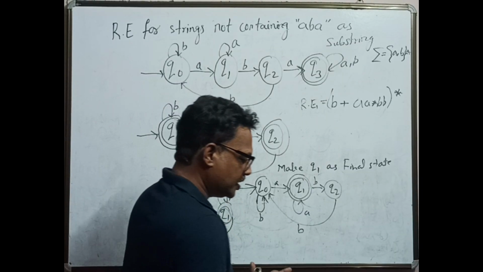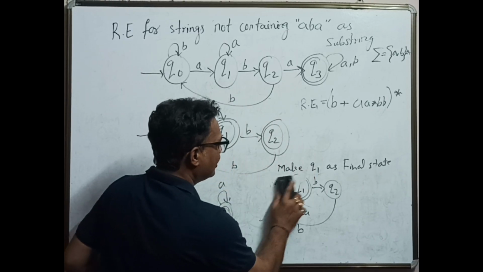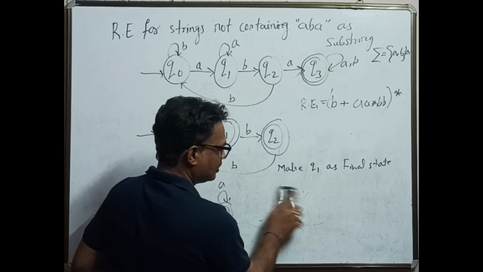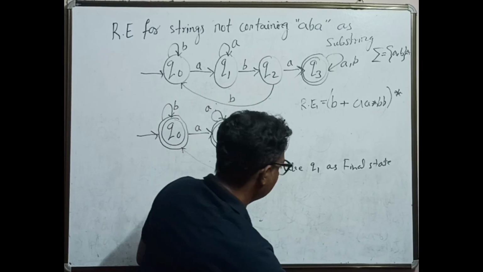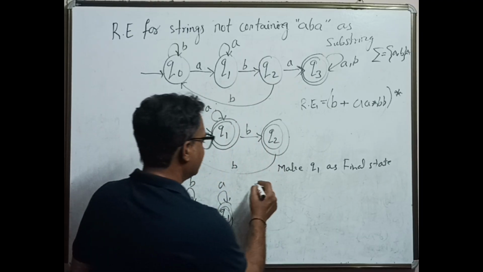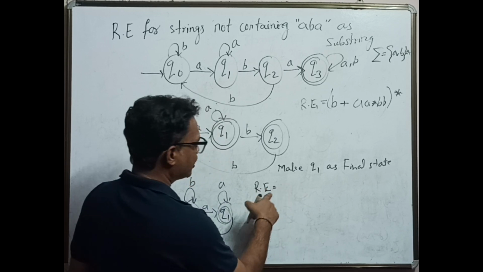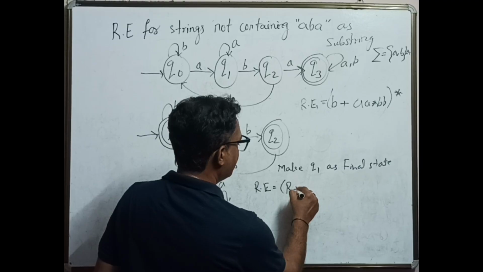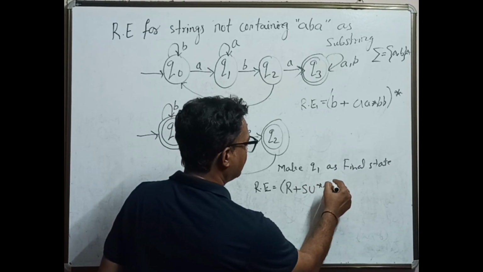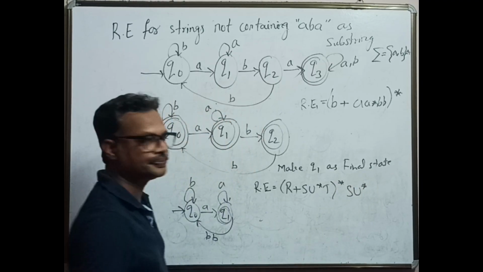Since the initial state and final state are different in this case, whereas in the earlier case both states were the same, we can use a standard formula, that is regular expression is equal to R plus S U star T whole star S U star.